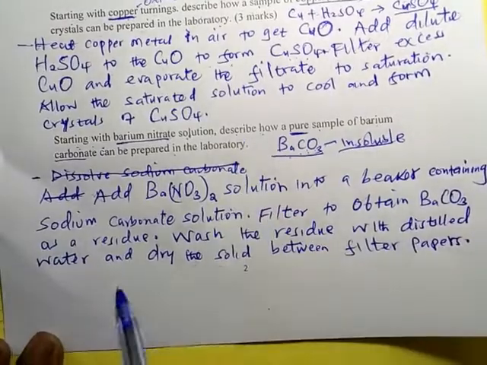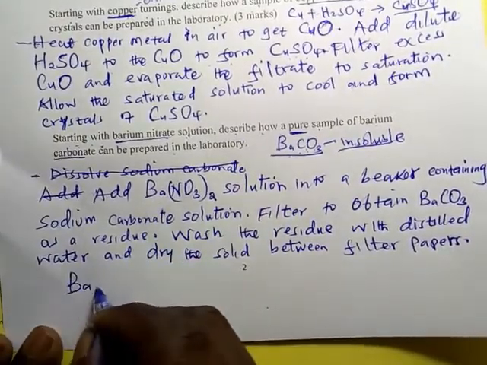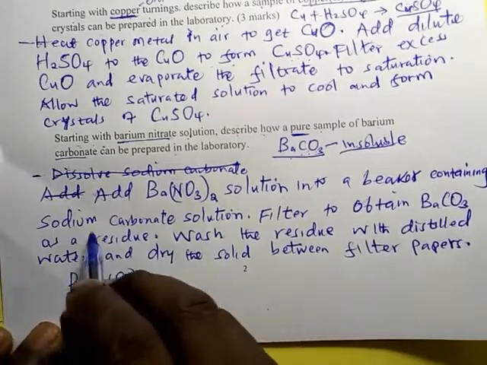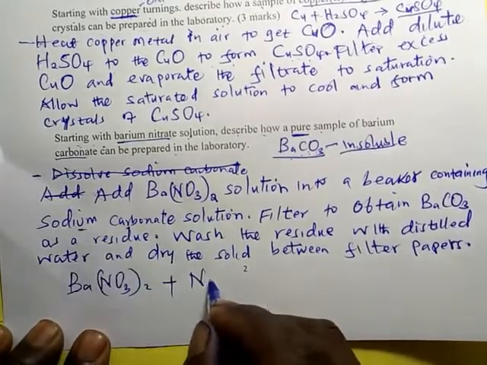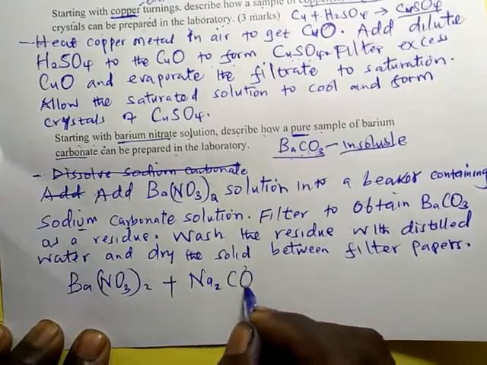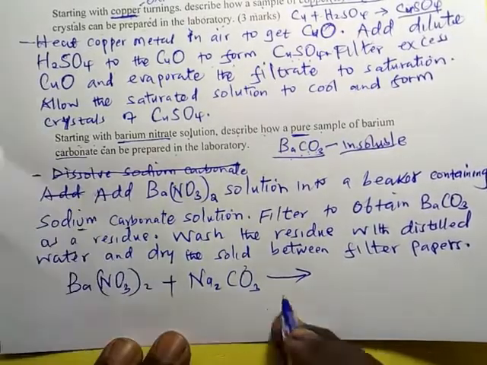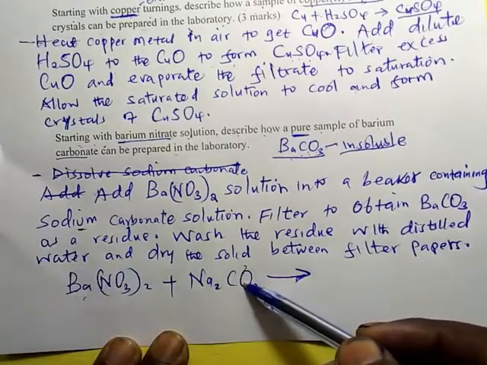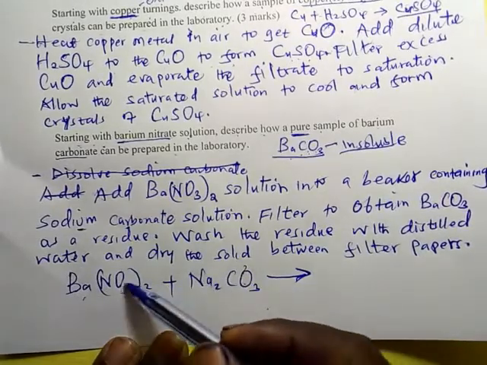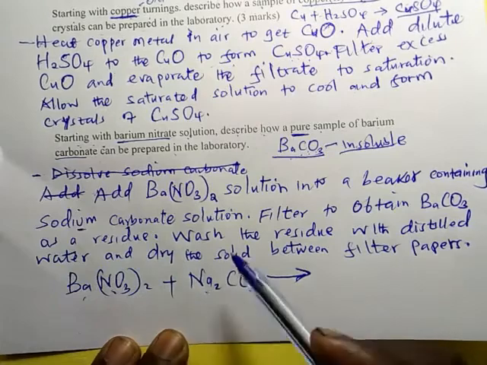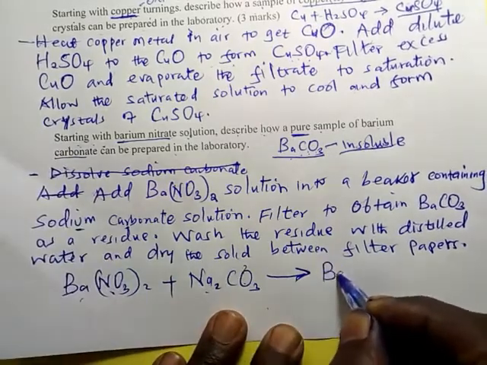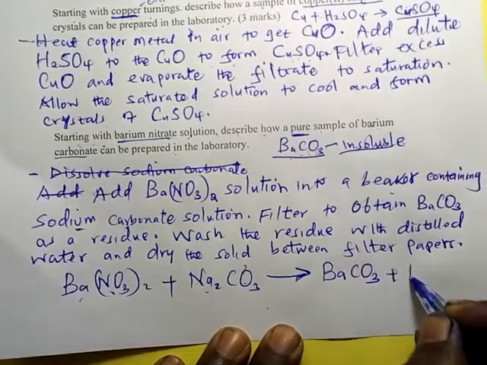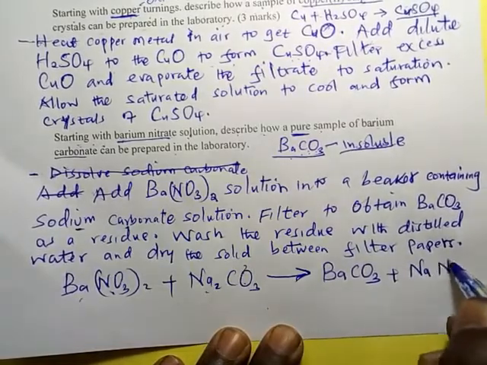So what is happening here? We have barium nitrate. We are adding sodium carbonate. So what happens is that the cation this side will take the anion this side, and the anion this side will take the cation this side, and they will form barium carbonate plus sodium nitrate.